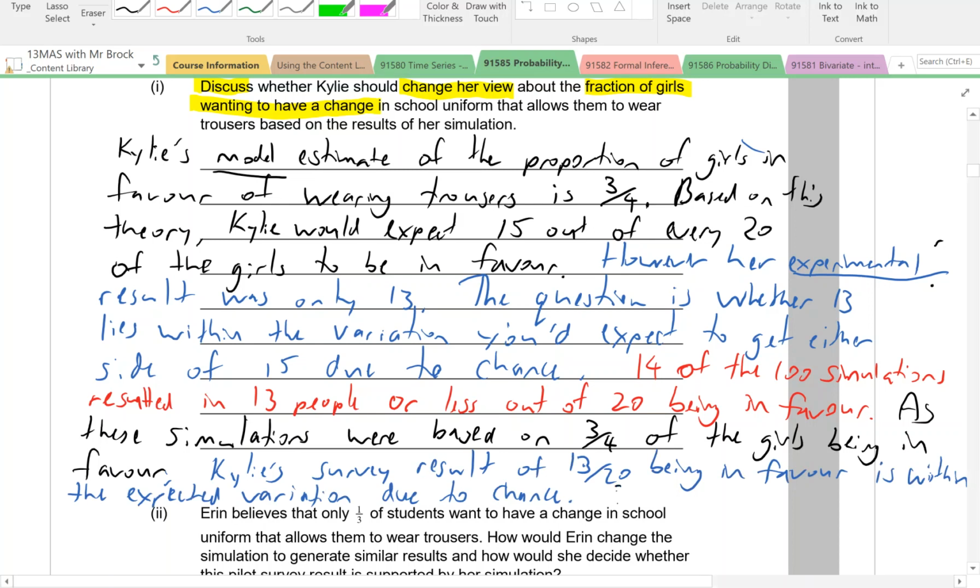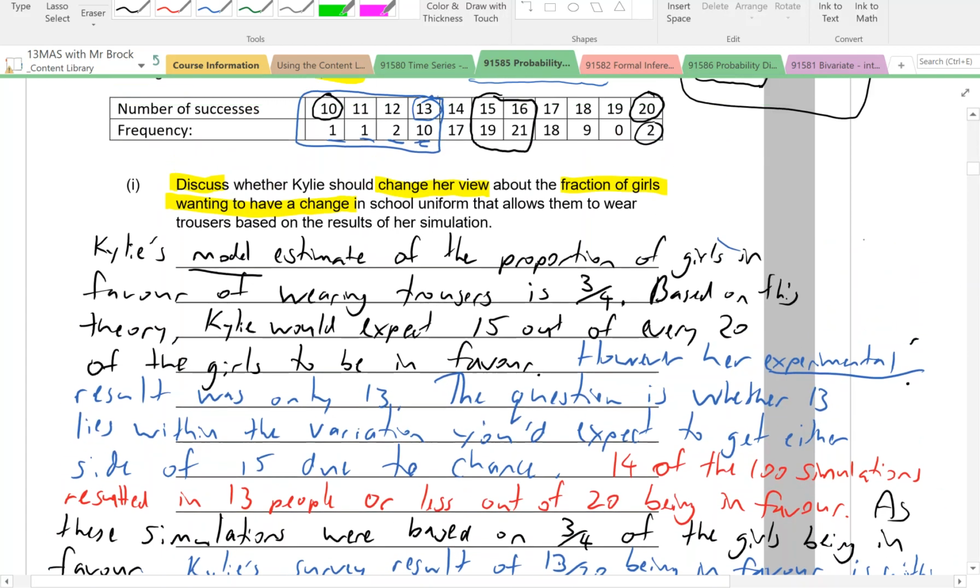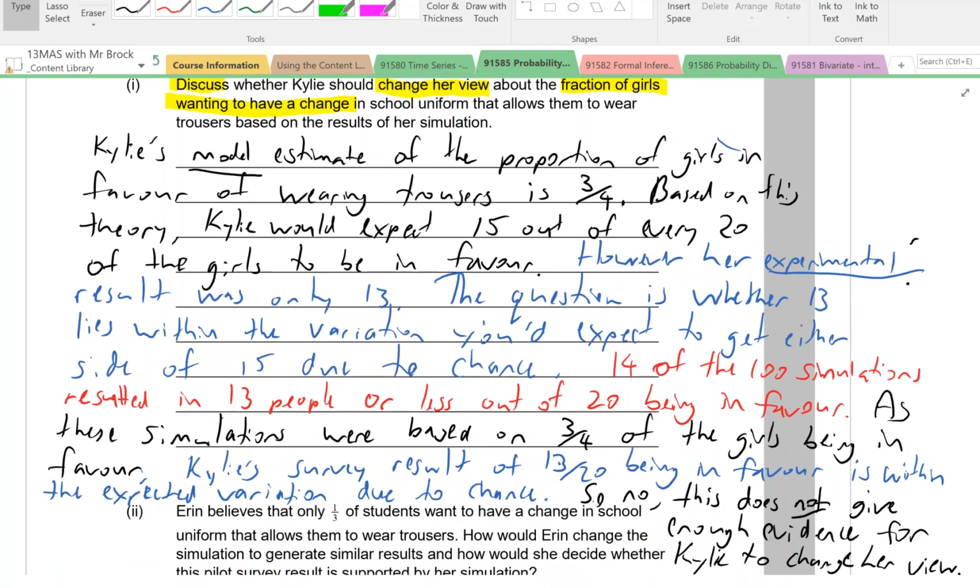So no, this does not give enough evidence for Kylie to change her view. So the key idea here is that we expect variation, and even if the true proportion is 15 out of 20, getting 13 out of 20 in one particular sample is within the expected variation you get just due to chance.